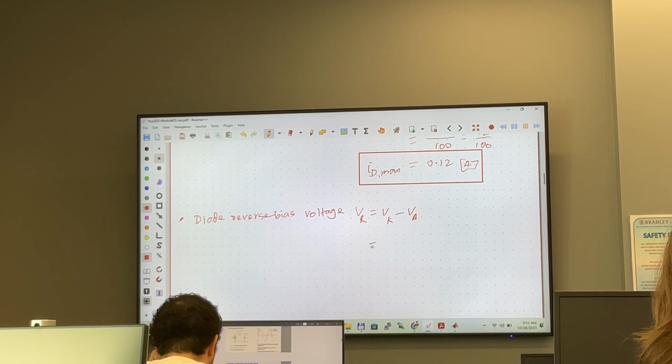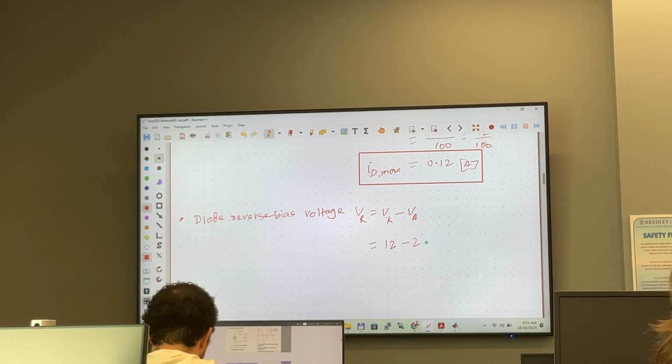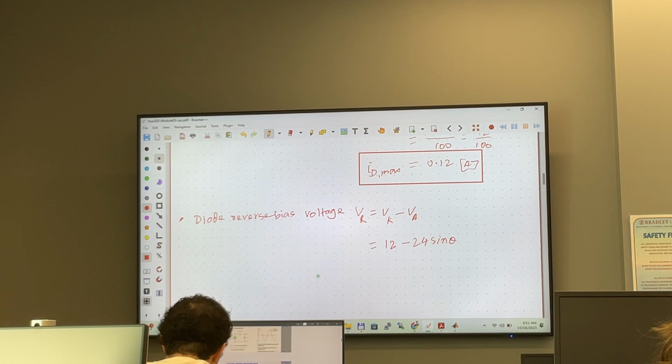Now the cathode voltage is what? 12, right? And the anode voltage is 24 sine theta. Maximum.